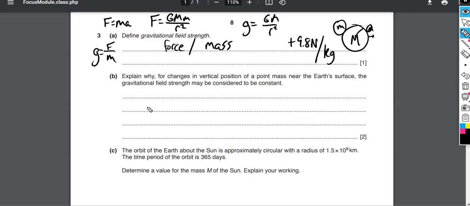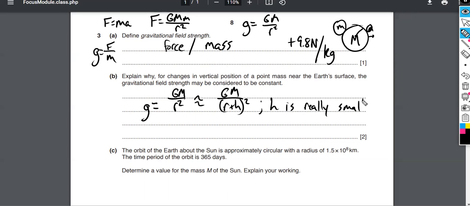In other words, the gravitational field strength g, which we can calculate as GM over r squared, where r is the radius, is just about the same as if we calculated it with a tiny change in height above it. And that's because h is really small compared to the radius of the Earth.